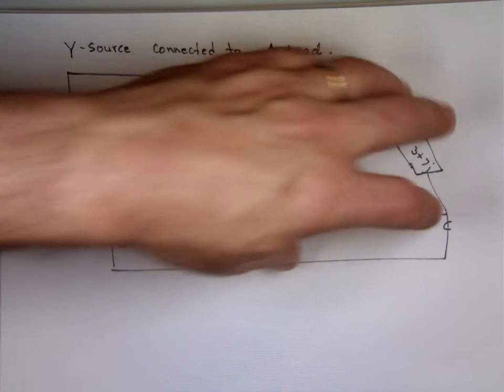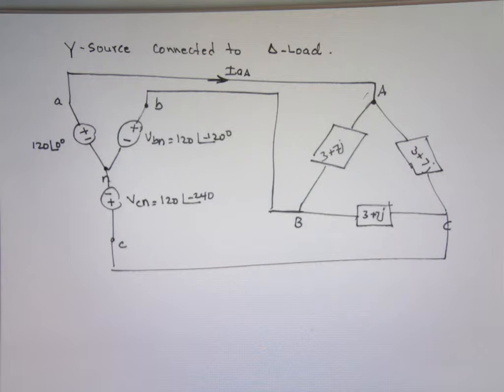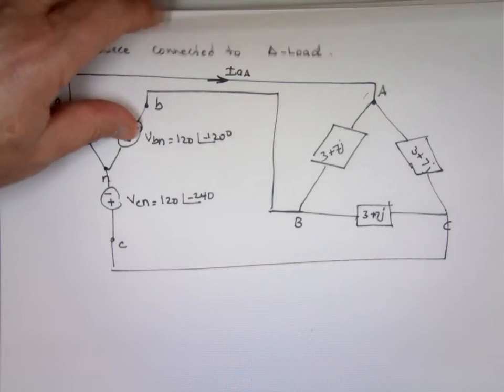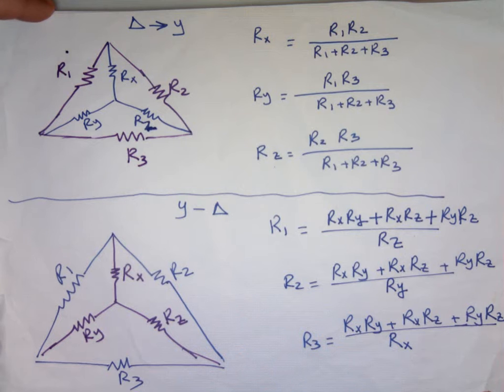If you want to convert a delta load to a Y load, we go back to Circuits 1. I went through the drawer and pulled my notes from last semester. Delta to Y. I saved that page, knowing I'm going to need it. This is when we dealt with just the resistors.